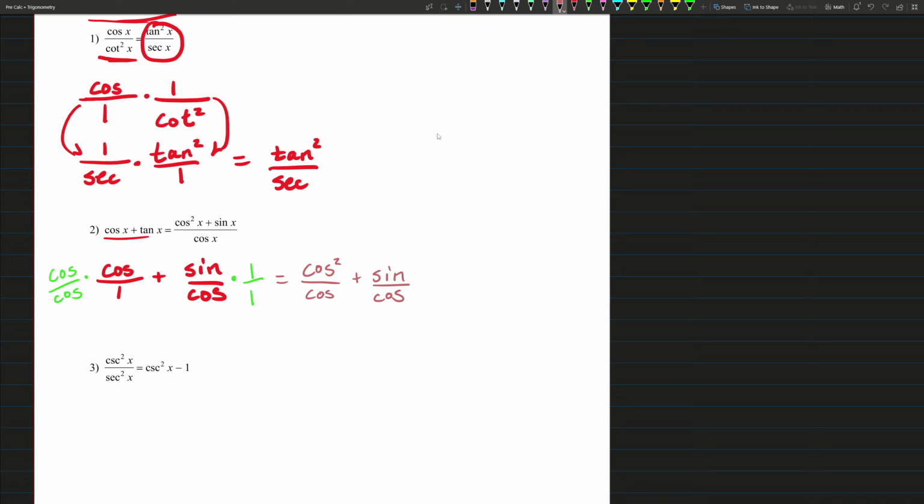Now, because they have a common denominator, all we have to do is add their numerators together and put them over the same denominator. And then when we get here, this is what we were trying to prove. So we're done.